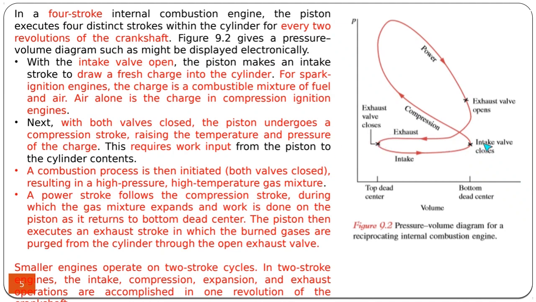So as you can see, we have a downward motion, which is one stroke, an upward motion, which is a second stroke, another downward motion, third stroke, and upward stroke, a fourth stroke. Power is generated only in one stroke or one revolution. So one cycle takes place in two revolutions, and power is generated in only one revolution.